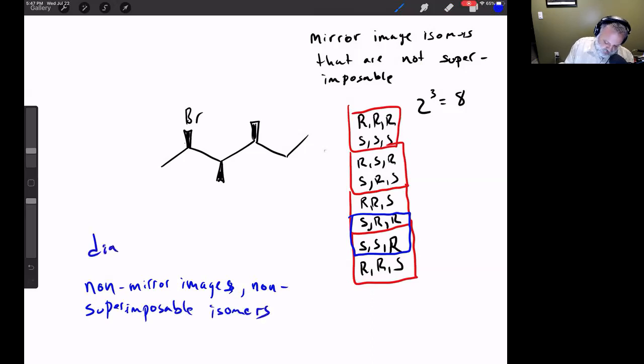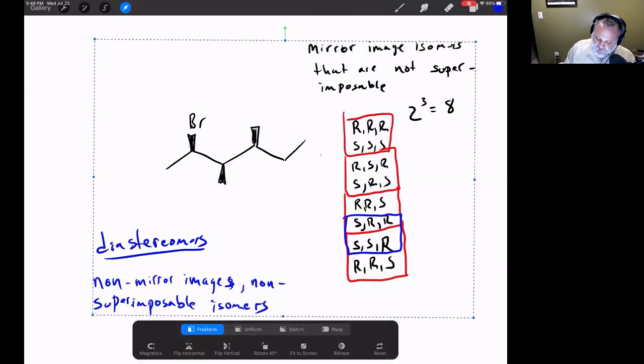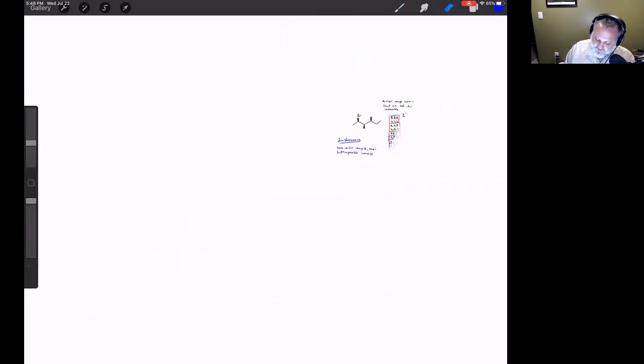These are diastereomers. All right, and so why do we have to think about these? Because at the end of the day, I might give you a question later on in the semester, after you've learned a little bit of chemistry, that looks like this.